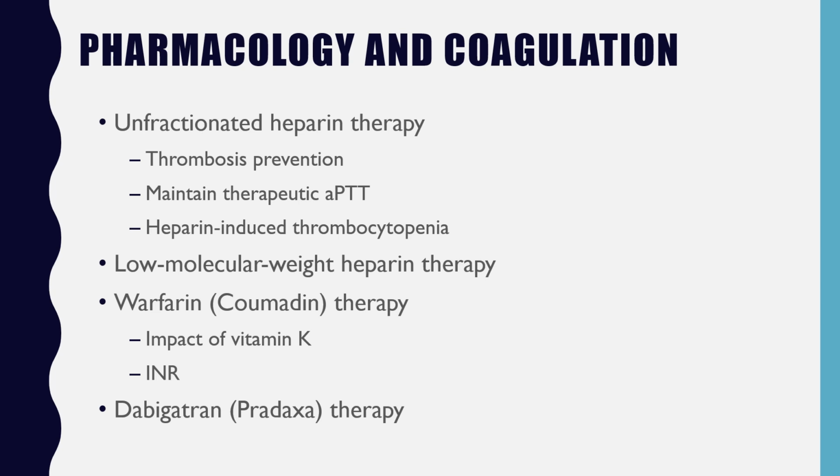Once they're bleeding, we probably aren't going to give these because the clotting factors are already eaten up. So there's a time and a place for giving anticoagulants in this disease progression. Once they're bleeding, probably not the best time. We need to fix the cause and give them clotting factors to help them stop acutely bleeding.